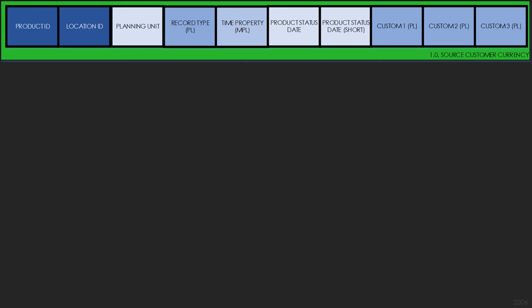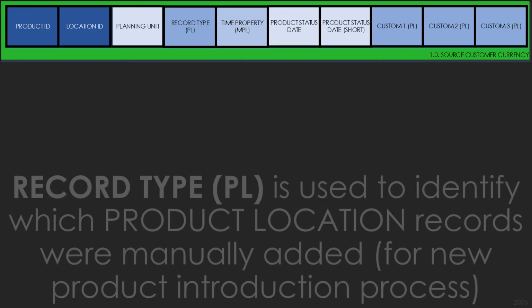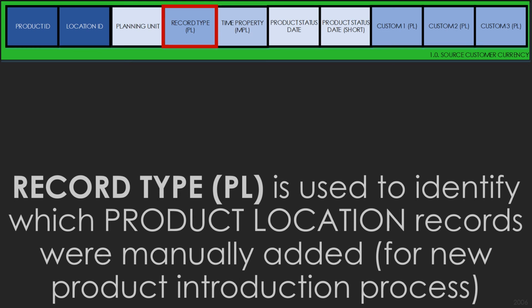Product location. Record type PL is used to identify which product location records were manually added for the new product introduction process.